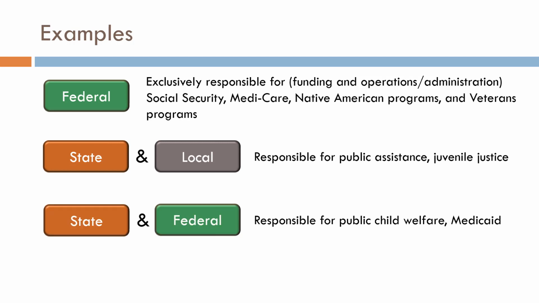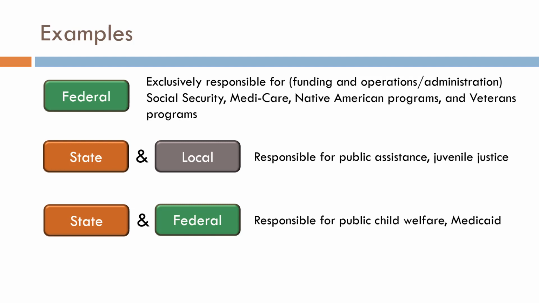The state and federal government cooperate when it comes to public child welfare, for example. Now, in this case, the federal government is primarily in charge of oversight and collecting information in terms of data and what have you for evaluation purposes.